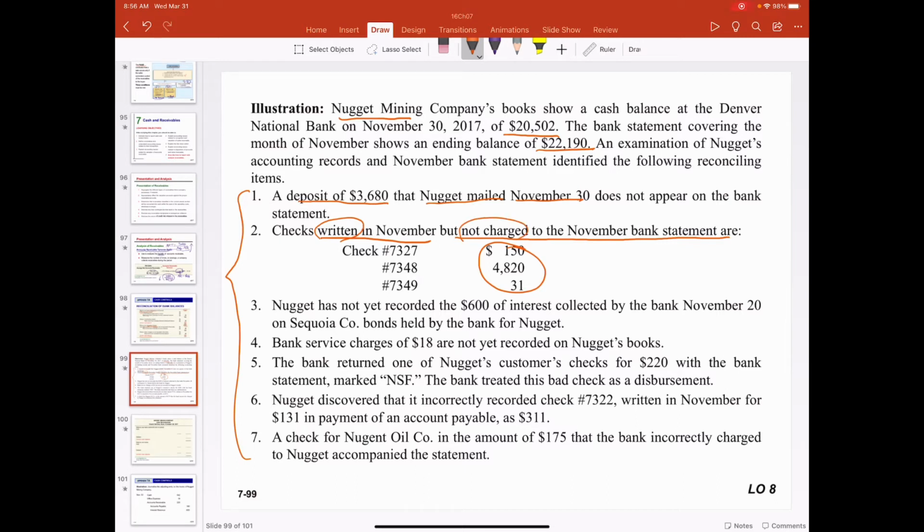The total of these three checks is $5,001. These cash outflows were recorded in the firm's book, so we should manually subtract this amount of cash from the bank statement.